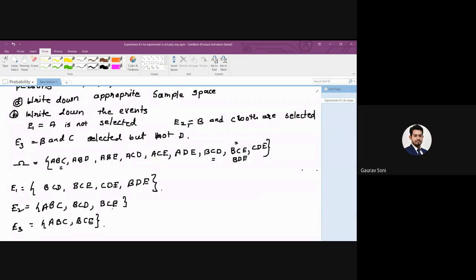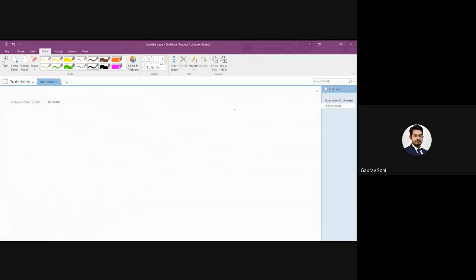Now we'll start with the new one, which is probability. So what is probability?